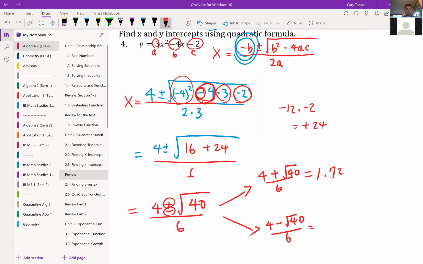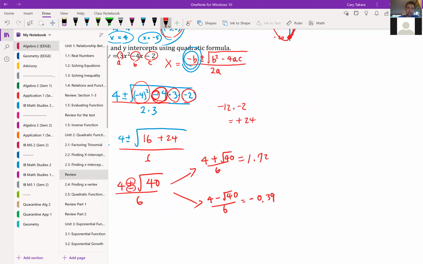Divide by 6, and I get negative 0.39. Yeah, negative 0.4, that's great. Okay, negative 0.39, that's great. And that's it.